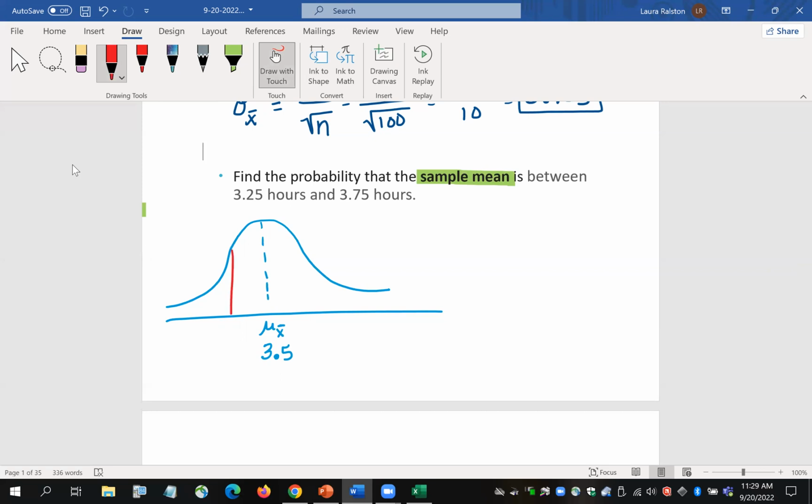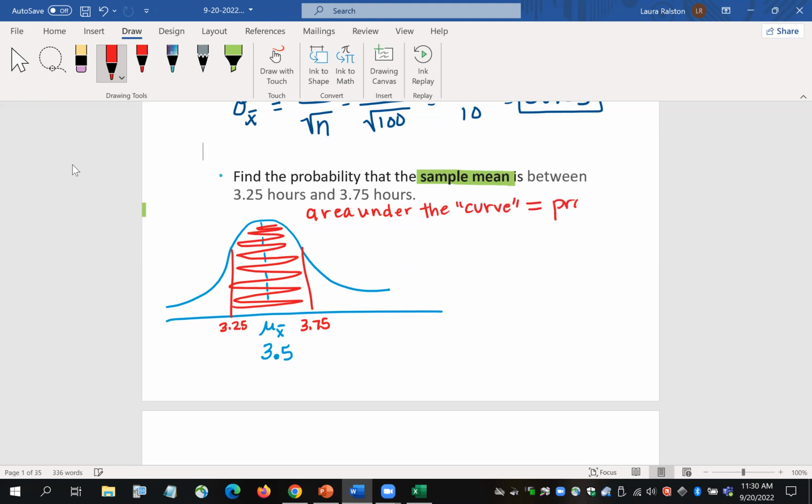Okay, so I'm between 3.25 and 3.75. So I'm looking for this red shaded region. Now, just to remind you, remember we learned that the area under the curve corresponds to the probability.